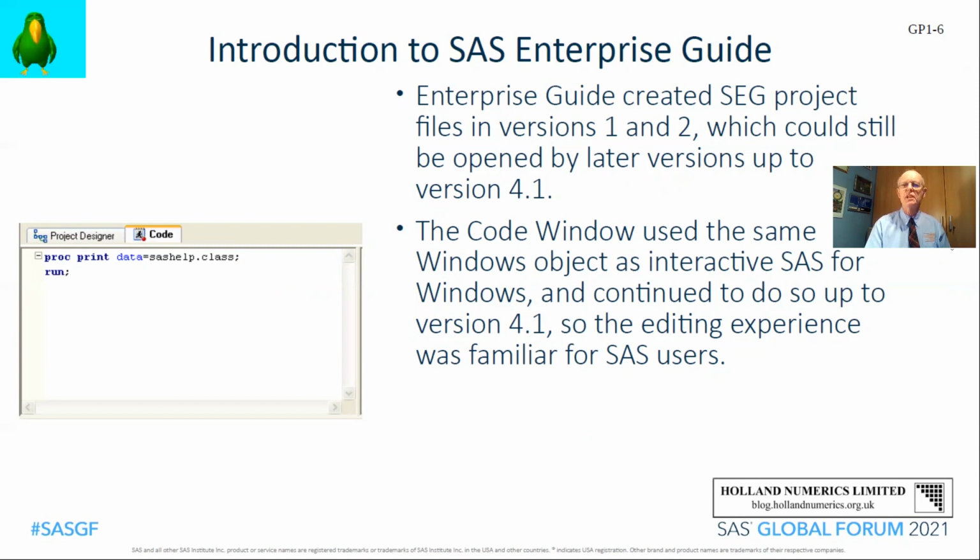As I said, SCG projects were in versions 1 and 2, and the code window was actually the same as Interactive SAS. Now, the marketing department at SAS decided to encourage users to make use of Enterprise Guide by saying you didn't have to do any programming, which is true.